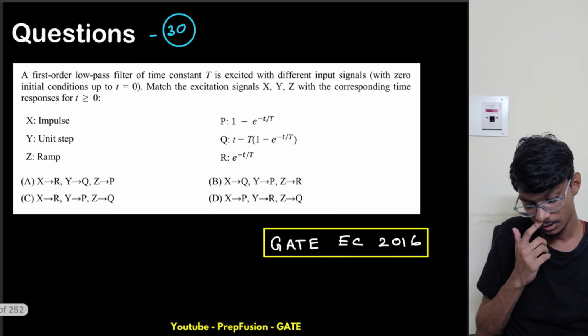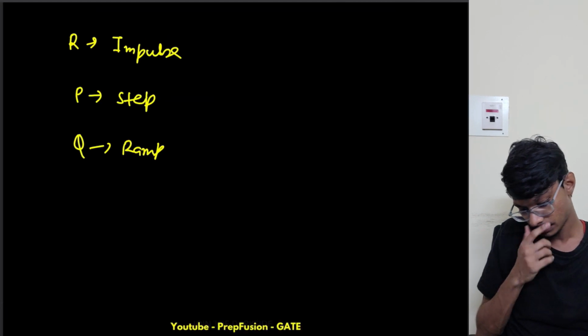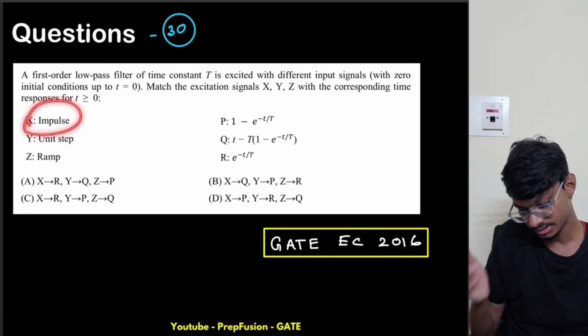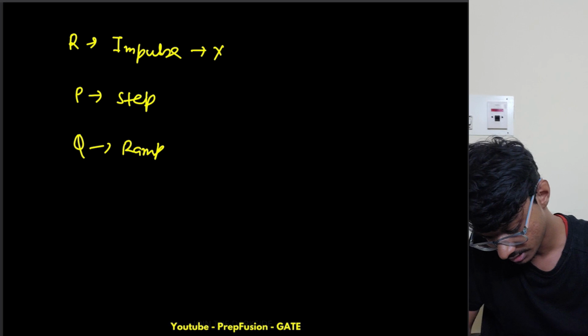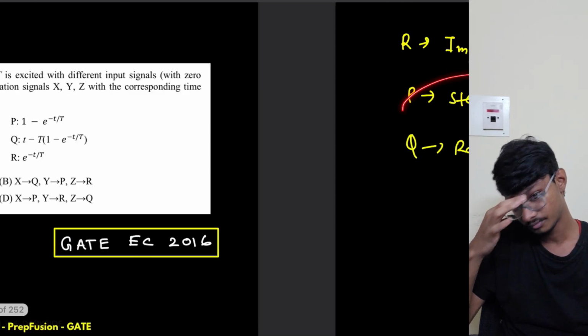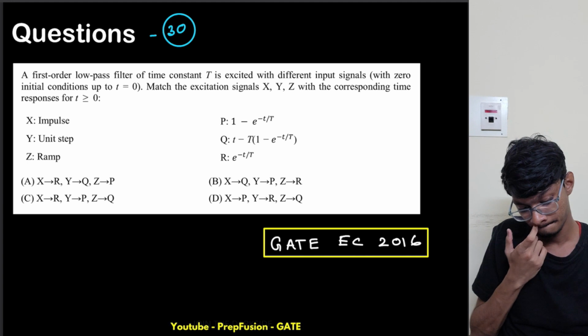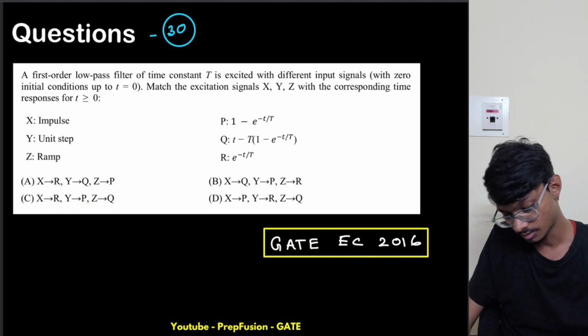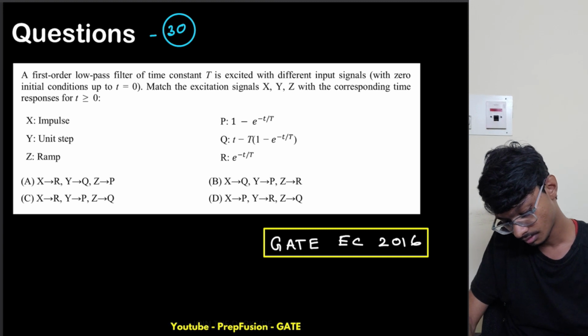So R is impulse, and impulse is X. So it is X, it is Y, and it is Z. So R is X. Y is P. Yeah, Y is P and Z is Q, right? So our option C matches.